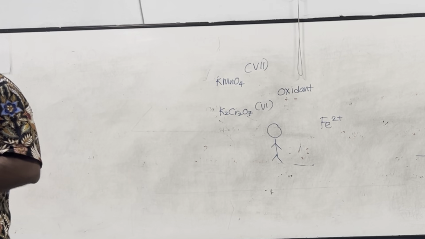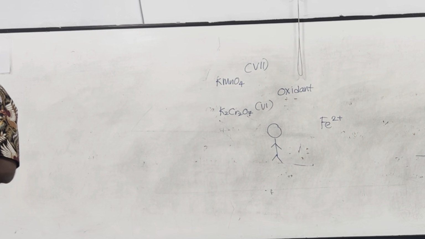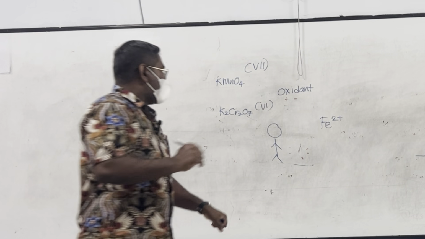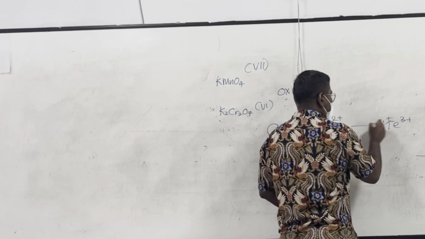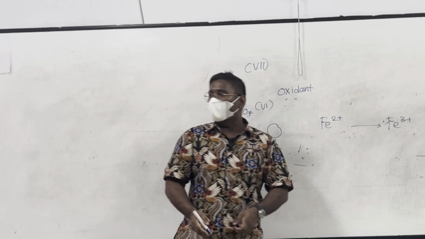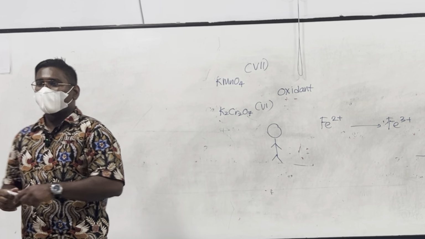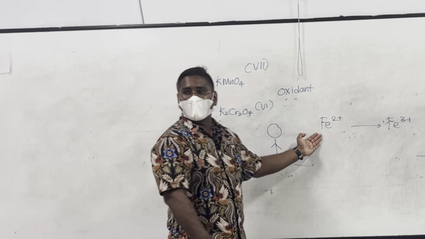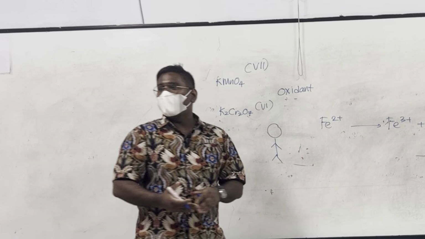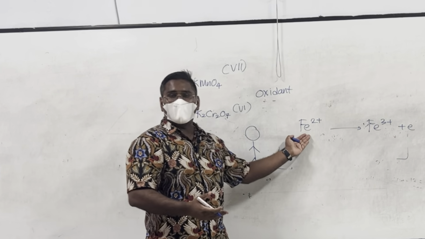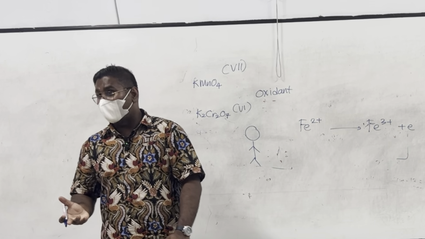Oxidize, so it means Fe2+ becomes Fe3+. So I write down Fe3+. Where do I put the electron? This is losing an electron, so this one is plus electron. Good. Now, Fe2+ is being oxidized.